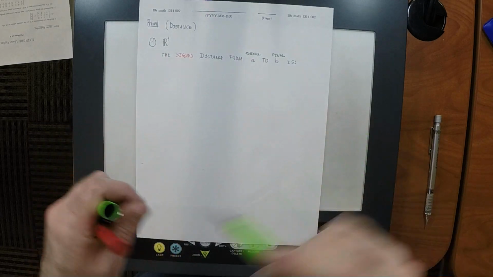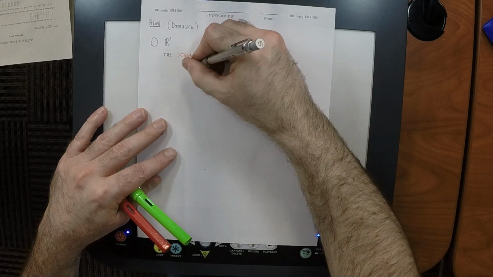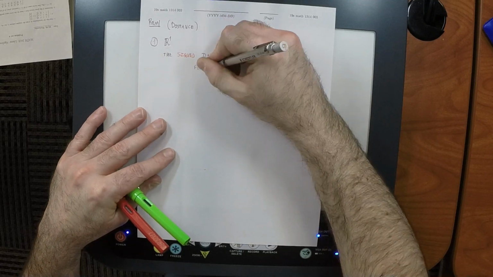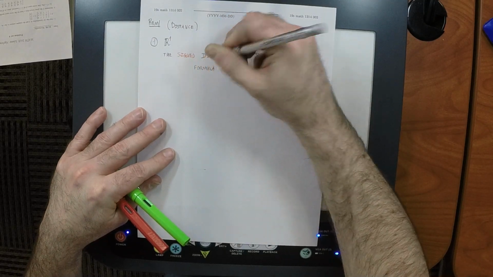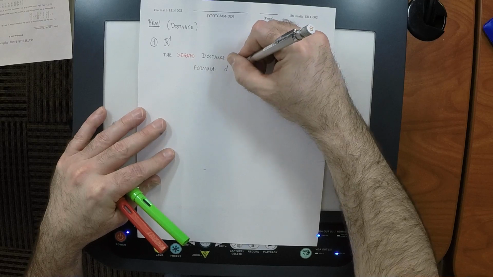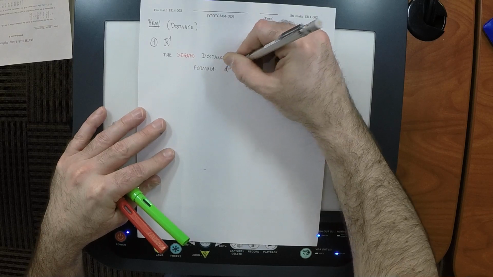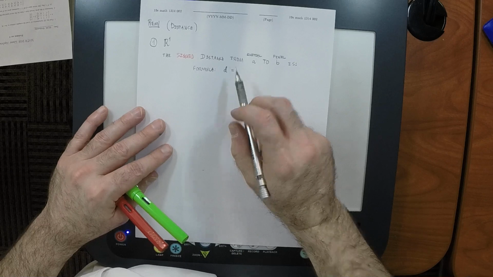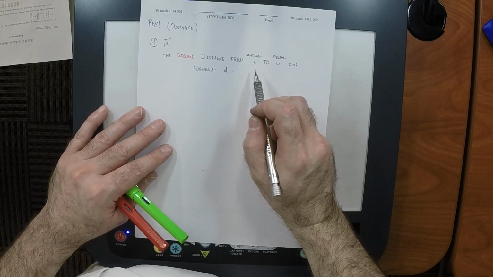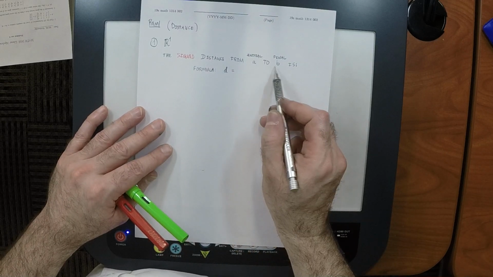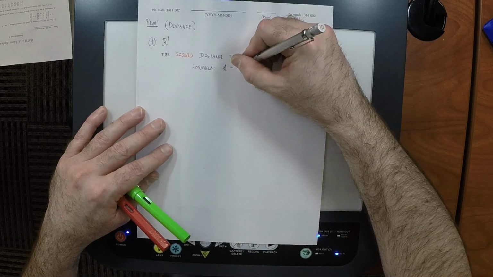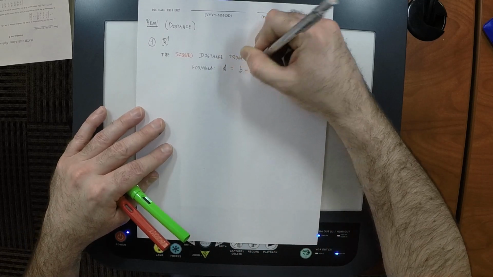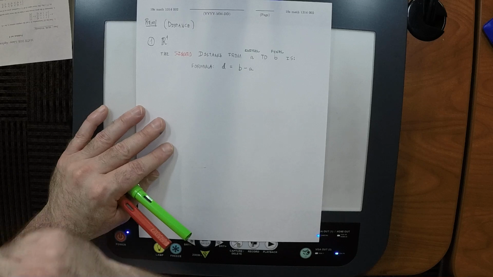So initial and final. So the formula is that the distance is, so this is an extremely common phrase in physics. It's always final minus initial. So it'll be B minus A.